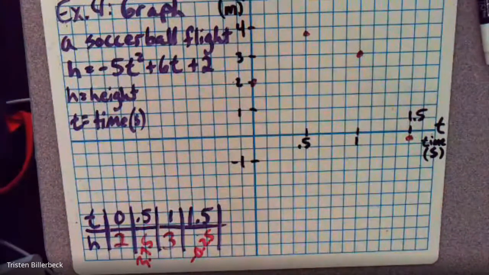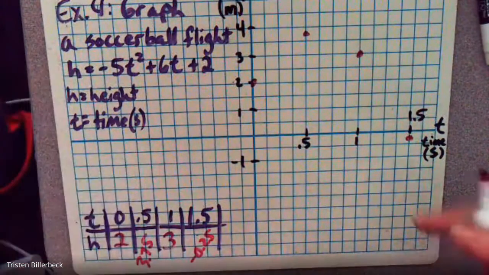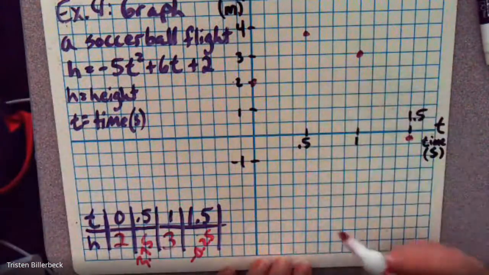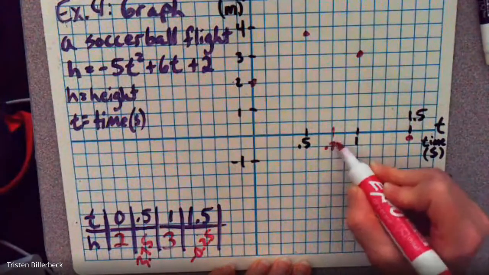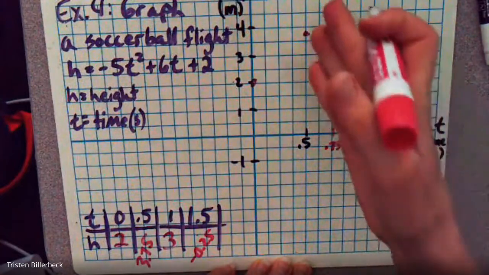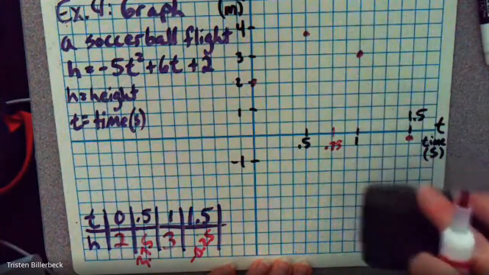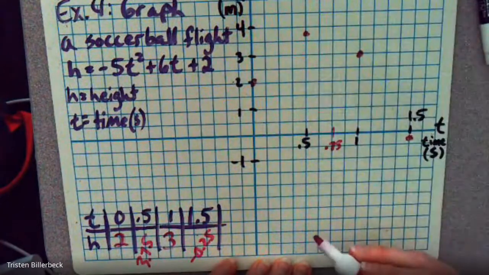So anyway, we don't quite know what that is, but we can find it. Let's see, how would we find that one? So it's somewhere between these two. So let's try 0.75 right here. It's probably going to be closer to this though. But if we do 0.75, it'll at least tell us something about that.